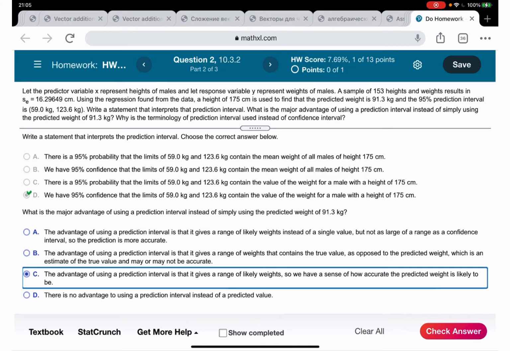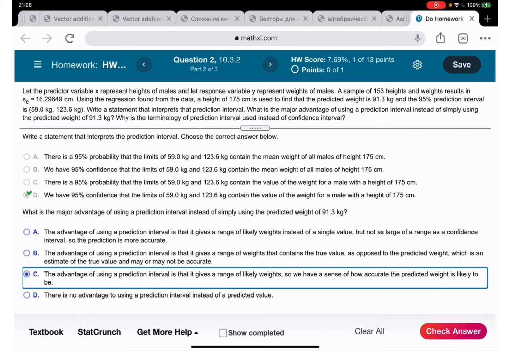The first one I chose is also, so far so good. Then the continuation for A was instead of a single value, and here it says of likely weight, so we have a sense of how accurate the predicted weight is likely to be.